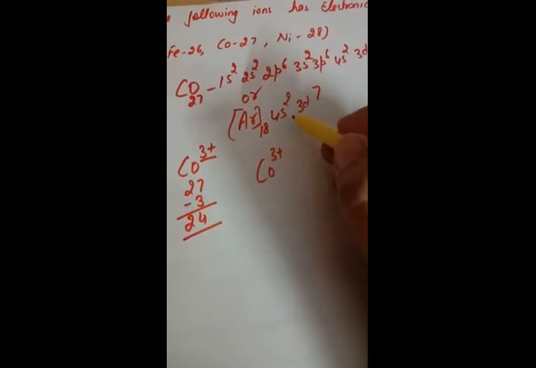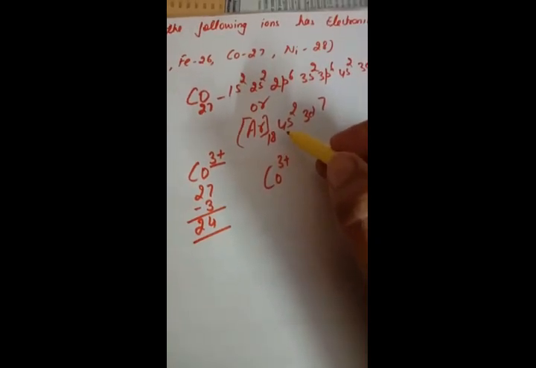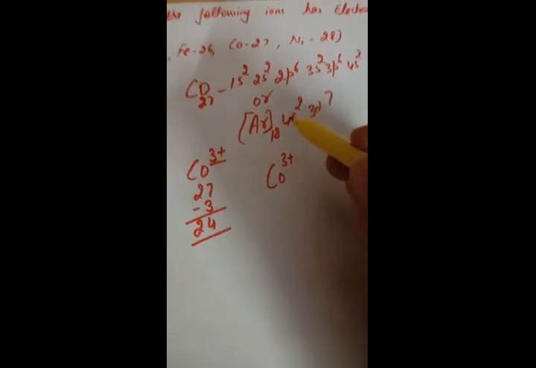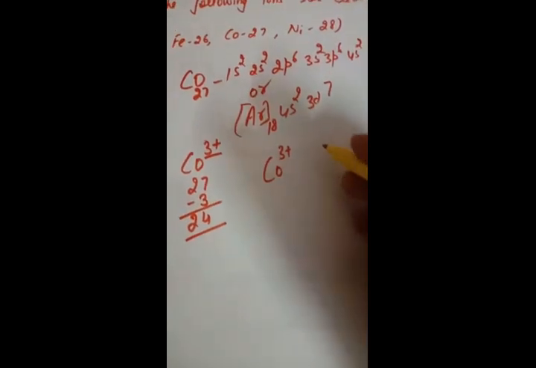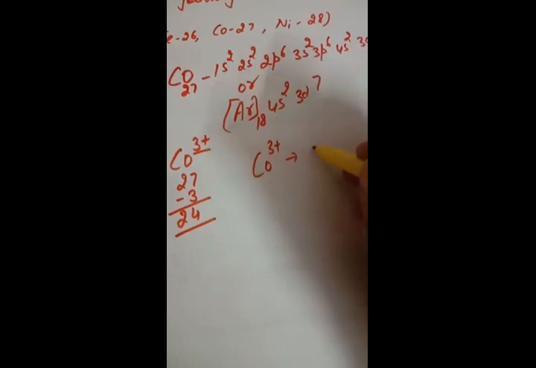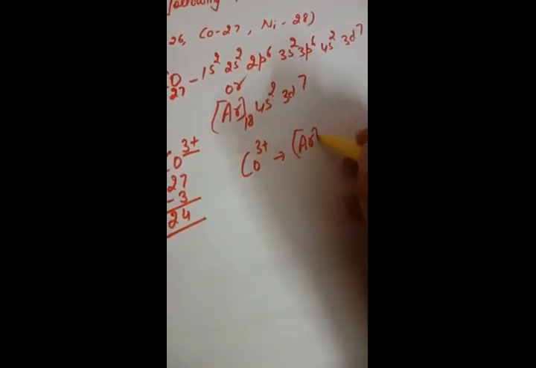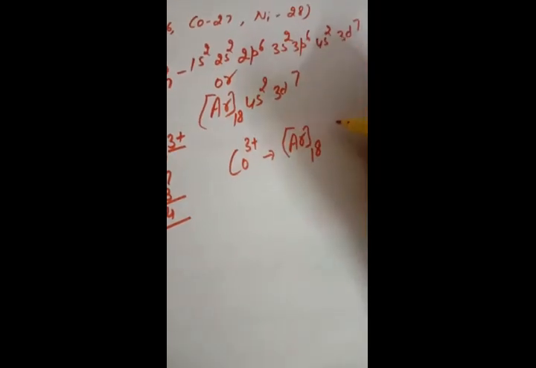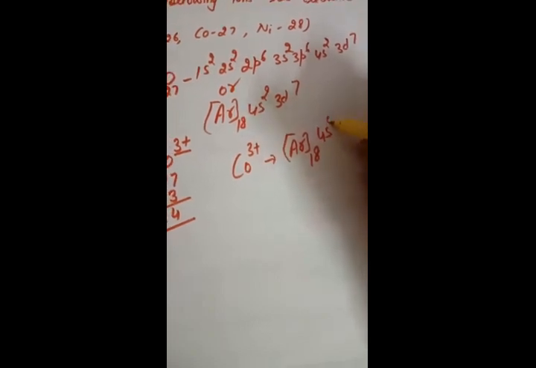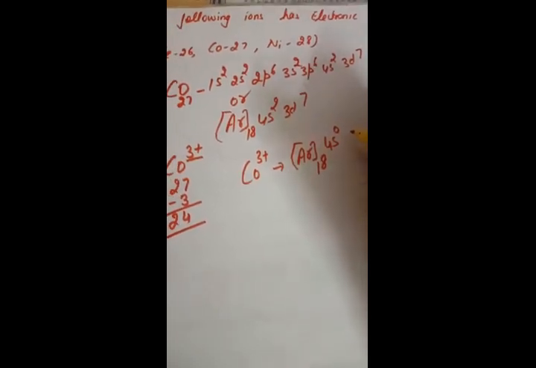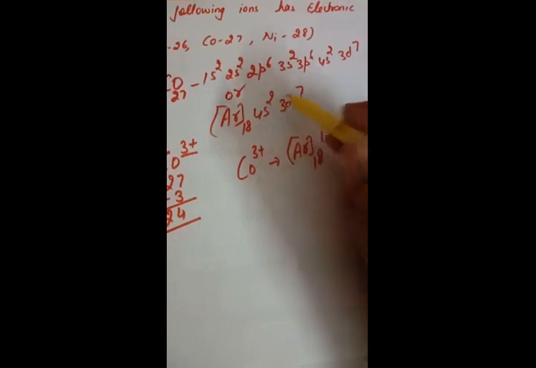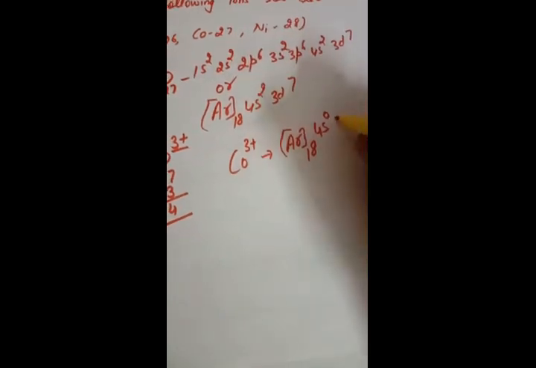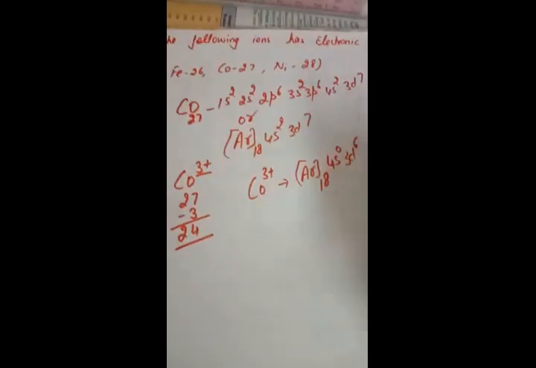As the s orbital is filled first, when we have to remove electrons, they are removed first from the s orbital, according to the electronic configuration rule. So I'll write here argon 18, 4s0. You can write if you have any problem. So 2 electrons are removed from this and 1 from this, so it becomes 3d6.